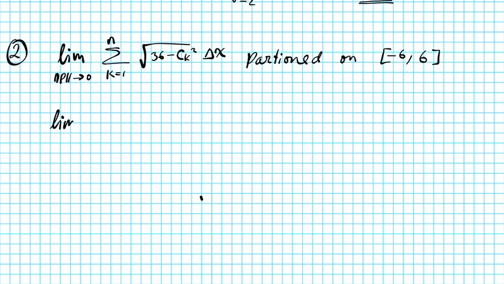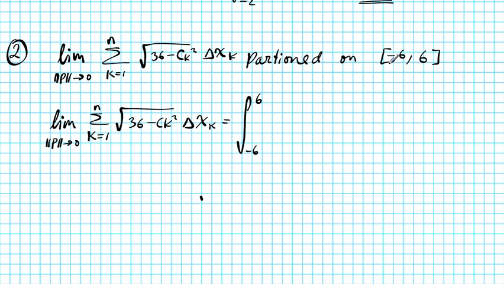Limit of the norm of the partition approaches 0, the discrete sum from k equals 1 to n of the square root of 36 minus c sub k squared delta x sub k is going to be the definite integral from the lower bound, which is negative 6, to the upper bound, which are the left and right endpoints of our partition, of the square root of 36 minus x squared, replacing c sub k with x and delta x sub k with dx. Okay? So now we're going to evaluate this area.